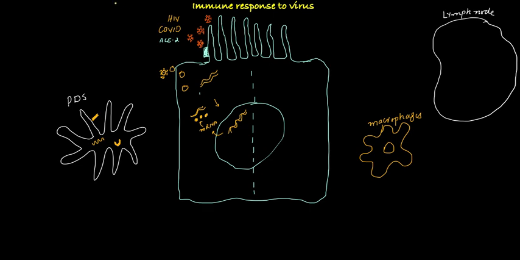Now on the other hand, the host cells have their own system of sensing receptors. For example, all nucleated cells, including epithelial cells, tend to have specialized receptors. One of the receptors I'll talk about is called RIG1, retinoic acid inducible gene 1, which can detect RNA.